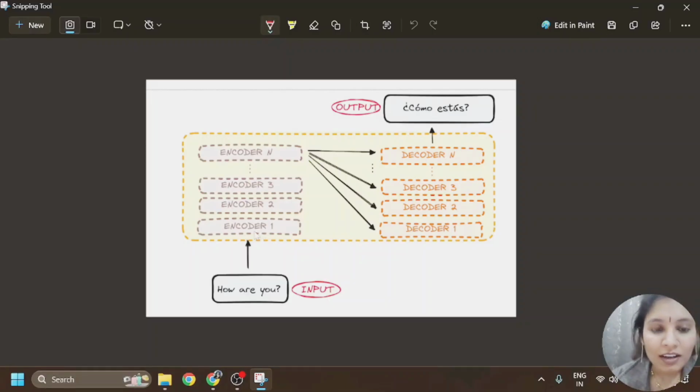All the decoders also have the same structure, and they get input from the last encoder and the previous decoder.